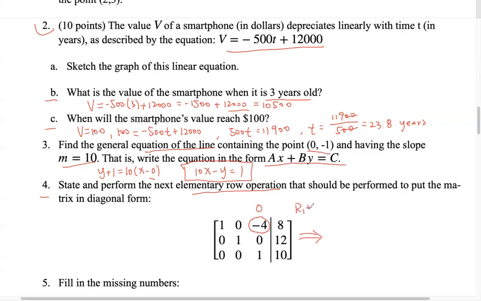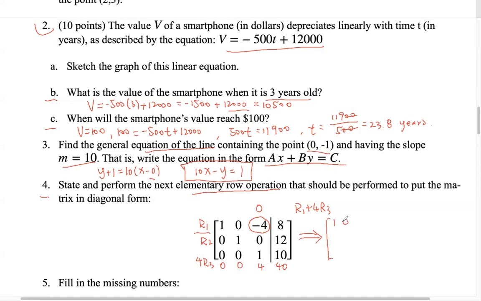We do R1 plus 4R3. The first one is R1, this is R2, the third row is R3. So first we multiply by 4. Remember, we build a bridge, right? 4 times 0, 0, 4 times 0, 0, 4 times 1, 4, 4 times 10, 40. Now we add R1 with 4R3.